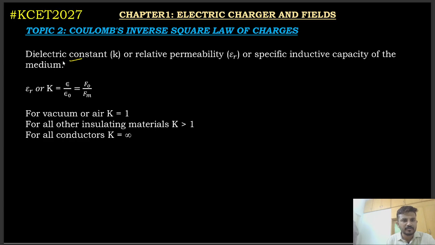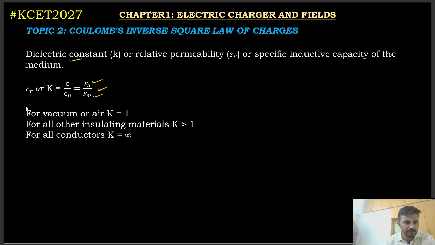Here we have the dielectric constant, or relative permittivity, which is also called the specific inductive capacity of the medium. It is defined as K is equal to epsilon divided by epsilon naught, that is equal to F naught divided by Fm. F naught is the force between two point charges in vacuum, and Fm is the force between two point charges in a given medium.